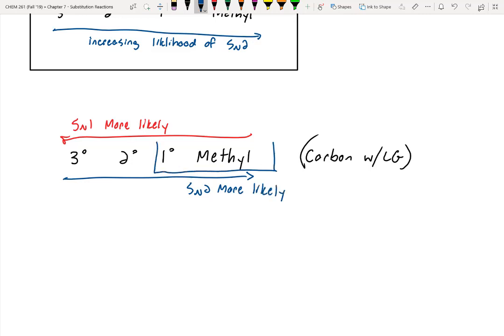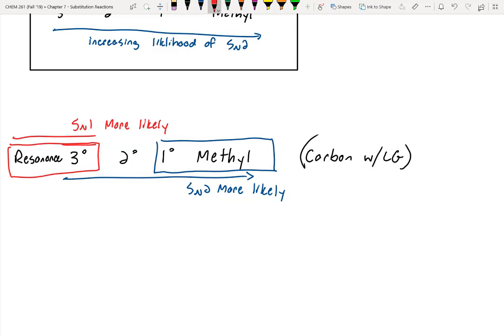So if we've got a primary or a methyl group, that's really likely going to be SN2. If we have a tertiary carbon, or in this case, one thing I left out is resonance, if we have either of these, then that's likely going to be SN1, right?